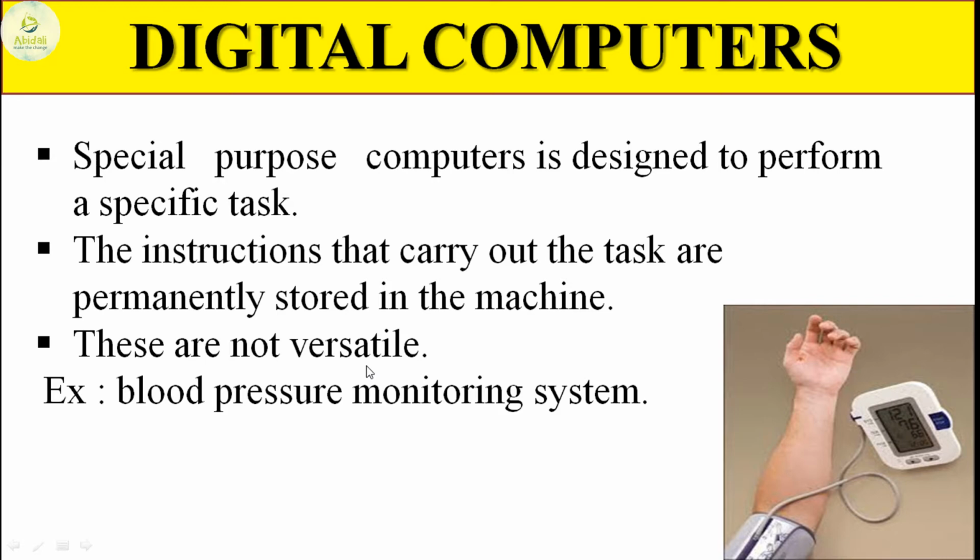They remain permanently, the instructions or the programs or the task they are built for, until the unit is working. The best example that we see around us is the blood pressure monitoring system, one of the special purpose computers designed for monitoring the blood pressure, systolic and diastolic pressure, and even your pulse rate.